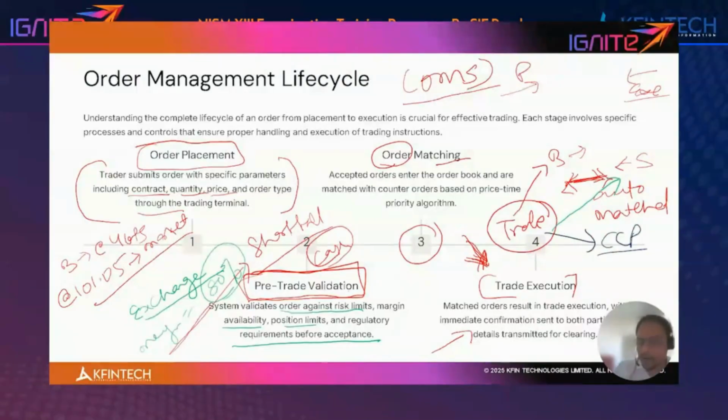Why? Because the central clearing party is liable to clear the cash and the security for both buyer and seller. So whenever an order gets executed, it becomes a trade, and the trade confirmation comes back to the buyer, the seller, and the central clearing party.